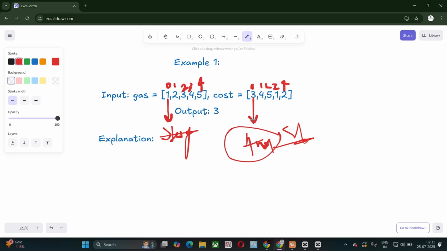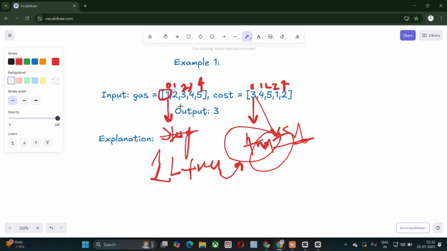We have only 1 liter of fuel to travel to this station, and to arrive at this station we need 3 liters of gas. So it is not possible to travel to the next station with 1 liter.